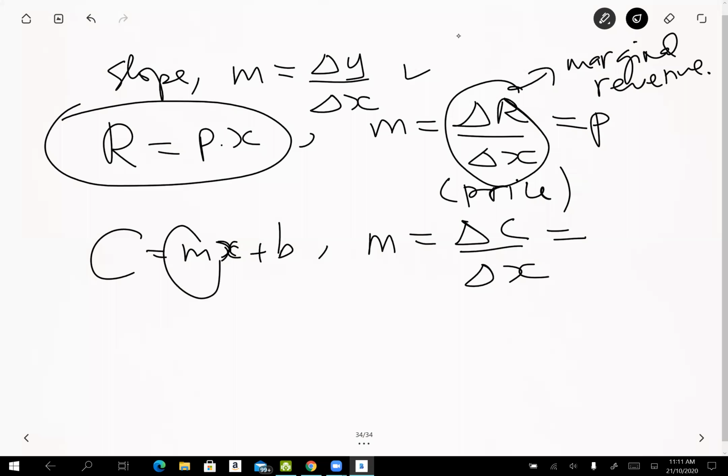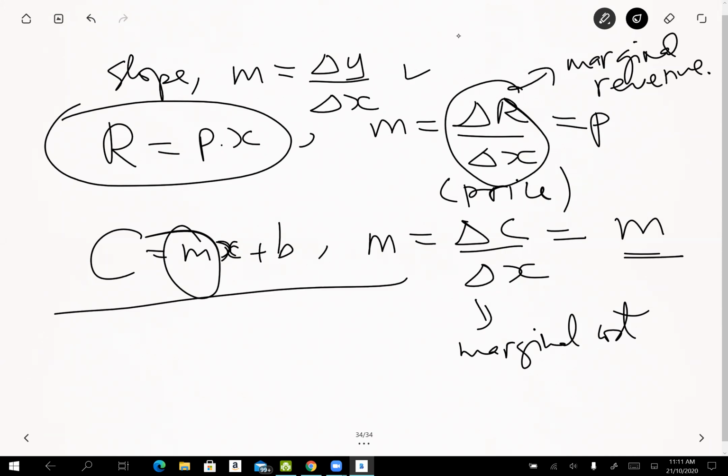Equal to M, because you use M. If you use another symbol, then it equals that symbol. So we call this marginal cost. That's marginal cost, and that is the marginal revenue. So the definitions of marginal revenue and marginal cost come from the slope.